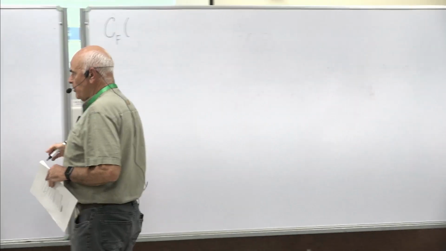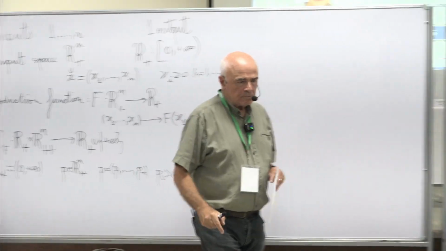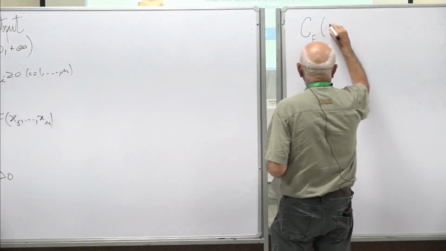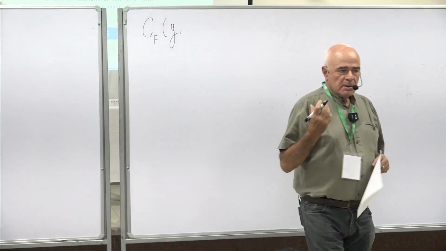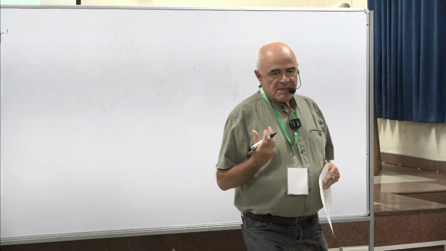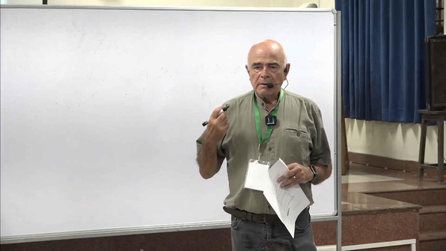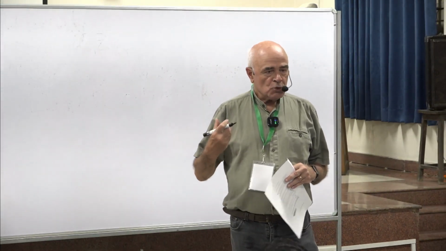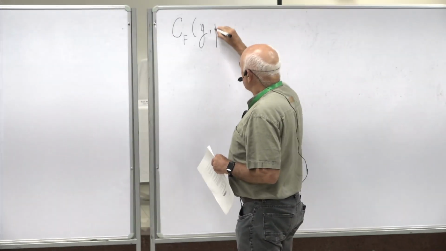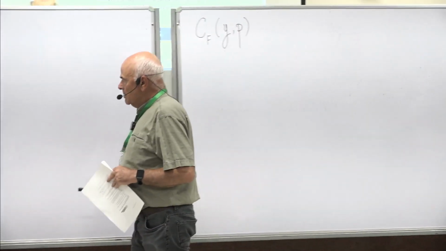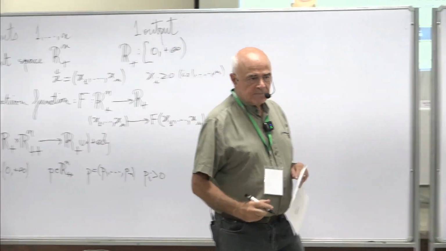It has two arguments. One in R plus, which I'm going to call y, to be interpreted as the output level. The amount of output we want to produce. And the second argument is a price vector, an element in R plus plus n.